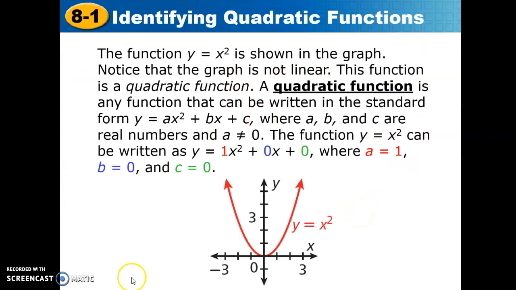Okay, this is a lot of stuff. You don't have to write all this stuff down. What I want you to write down is this definition. A quadratic function is any function that can be written in the standard form of y equals ax squared plus bx plus c, where a, b, and c are real numbers and a is not equal to 0. That's a lot of words, okay?